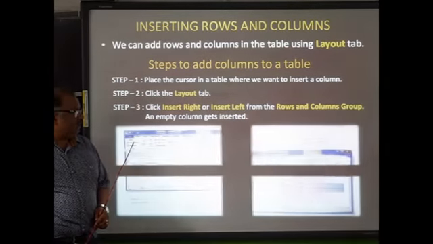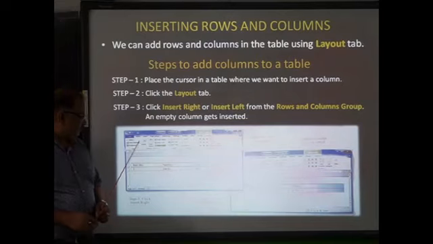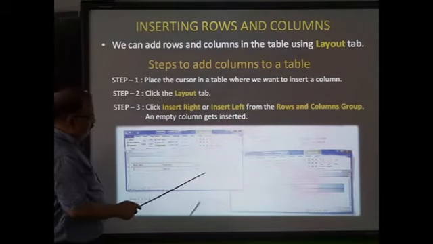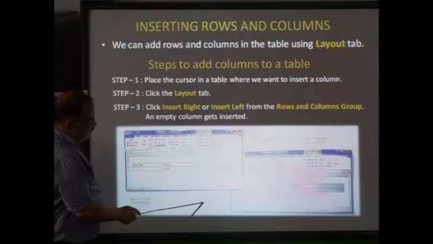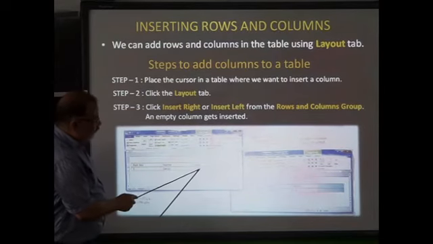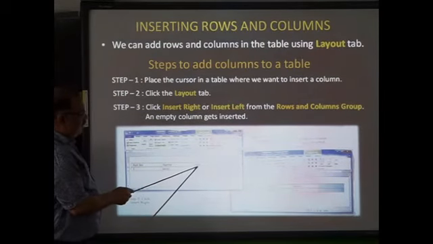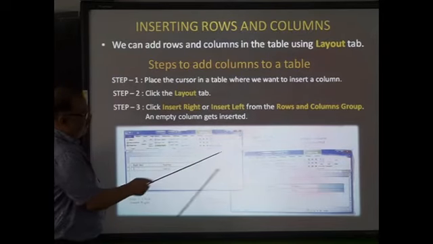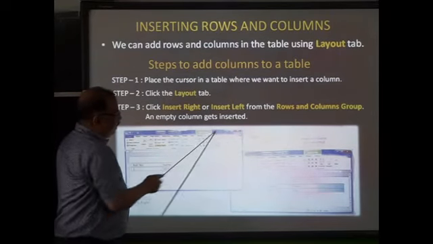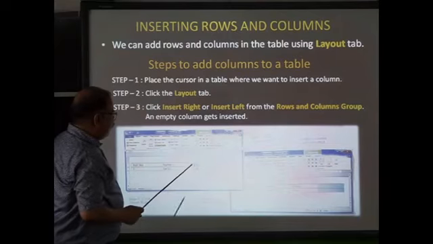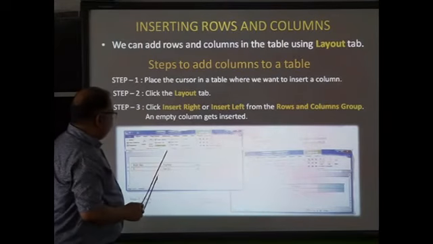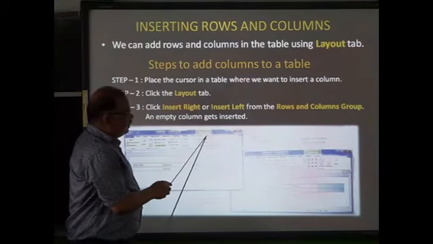Now look at this diagram which is given in your book. Here you can see step 1, place the cursor here. So it is here in the second row, third column. Okay. Click on the layout tab. So this is the layout tab.